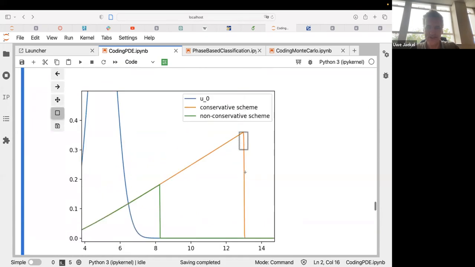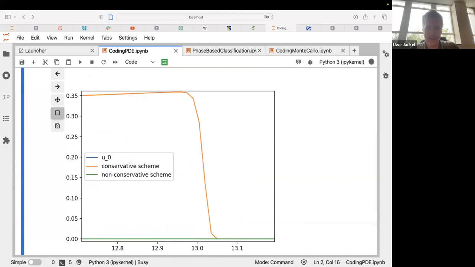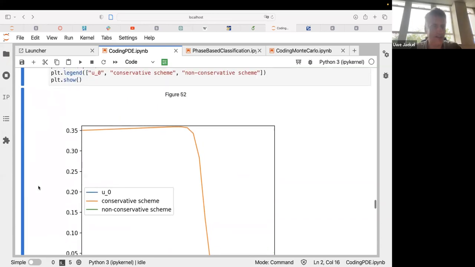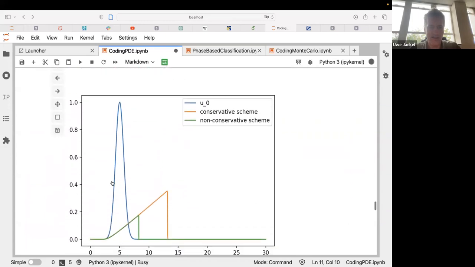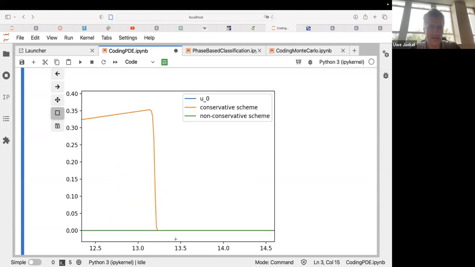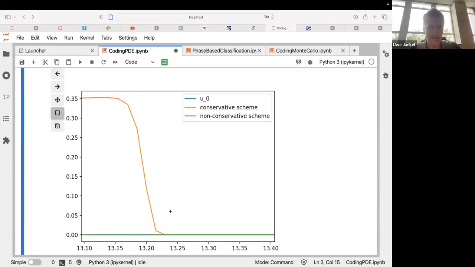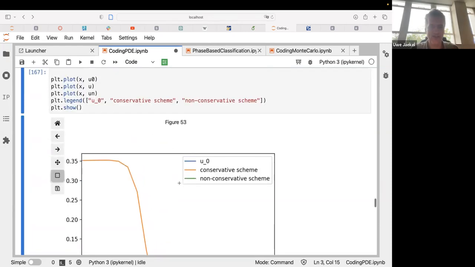Let's see where the shock front is. So it's around 13, and it should be 13.3, I would expect. Okay, it's 13.2. Now it's getting a little bit smaller.